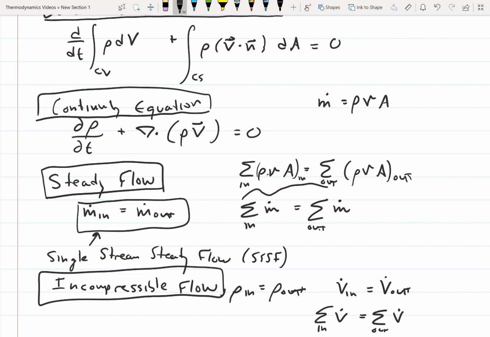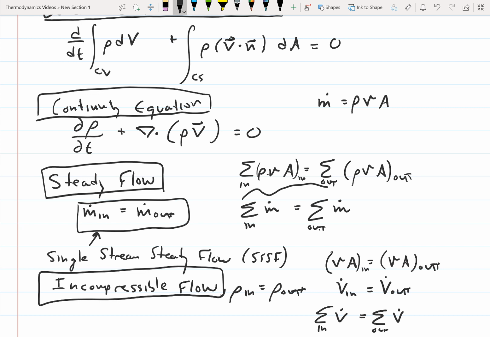And same thing down here, where we just have the volumetric flow rate, so if the density is constant, this is just going to be velocity times area in is equal to velocity times area out.